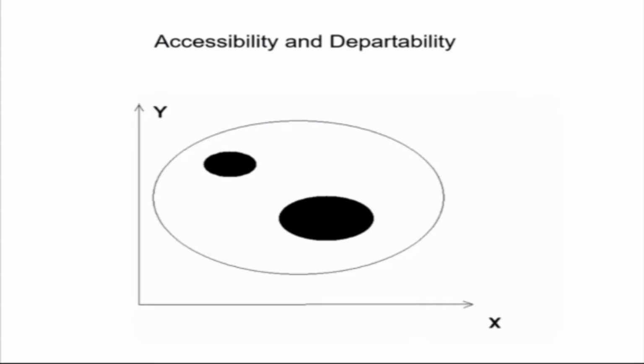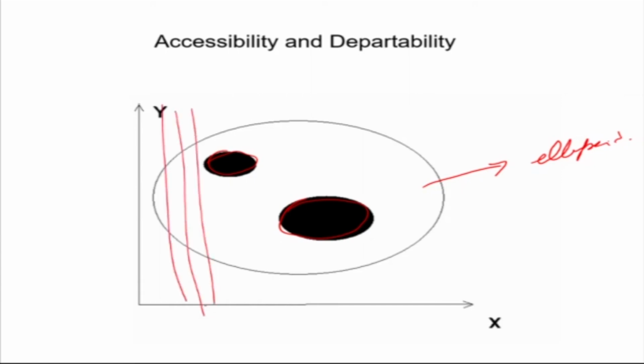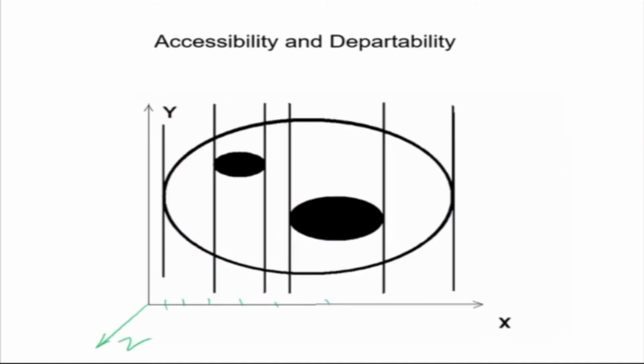These are some more examples on accessibility and departability. Suppose you have an ellipsoid, again like this, and this as an obstacle. I'm going to pass my hyperplane, and this hyperplane is going to touch it there, and this is my critical point now. So the first thing we do, we slice it and get our critical points.